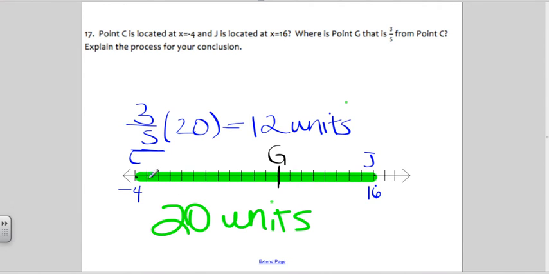So that would be -3, -2, -1, 0, 1, 2, 3, 4, 5, 6, 7, and 8. Another thing you could have recognized here is that numerically, -4 plus 12 gives me 8. Let me write that down. -4 plus 12 equals 8. Notice that's where I ended.